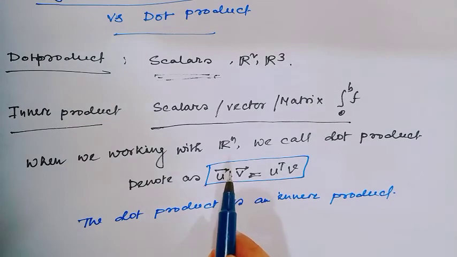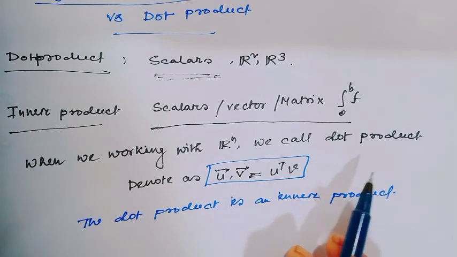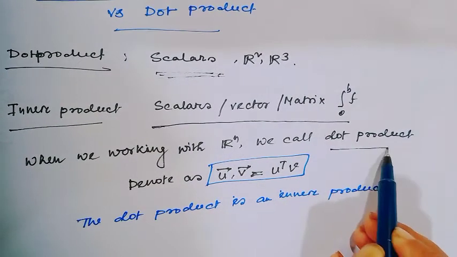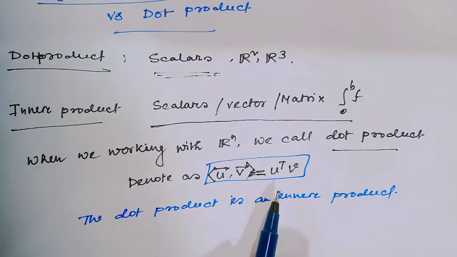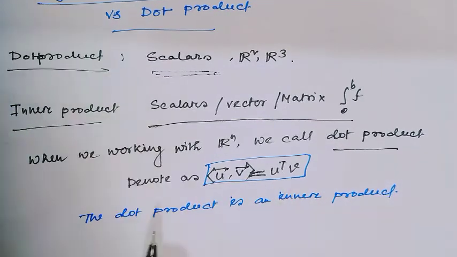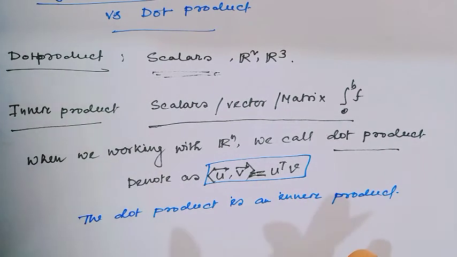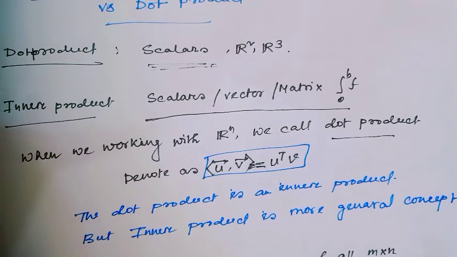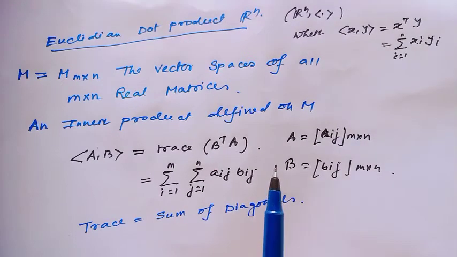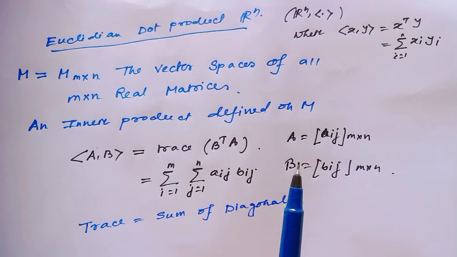When we are working on Rn, we call this the dot product, denoted as the inner product of these two vectors, which is actually u transpose v. Actually the dot product is always an inner product, but the inner product is a more general concept. I will define different types of inner product.